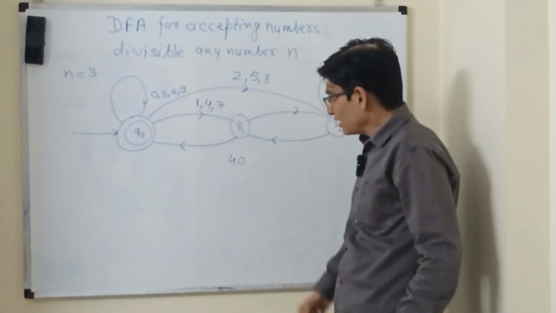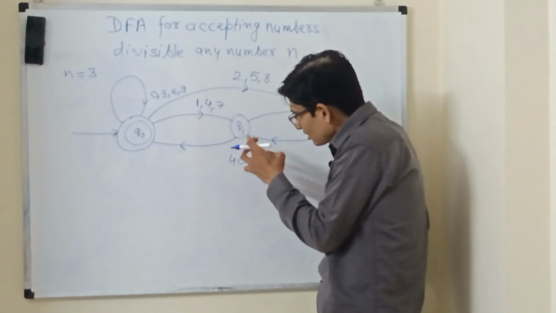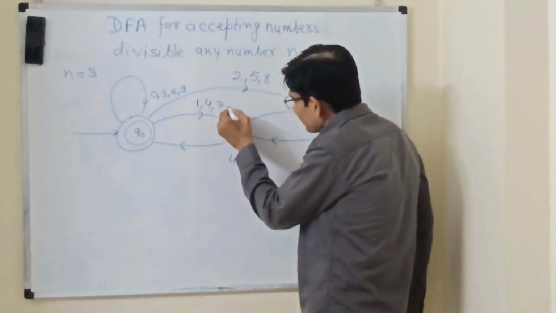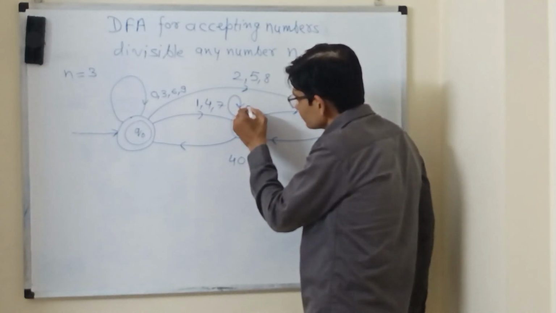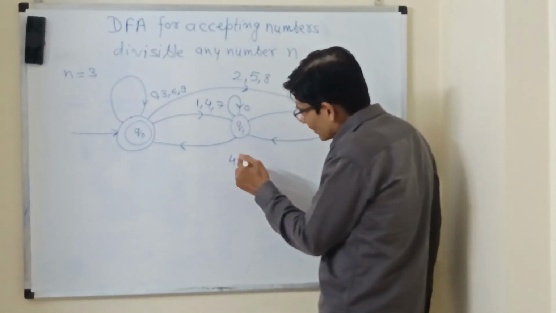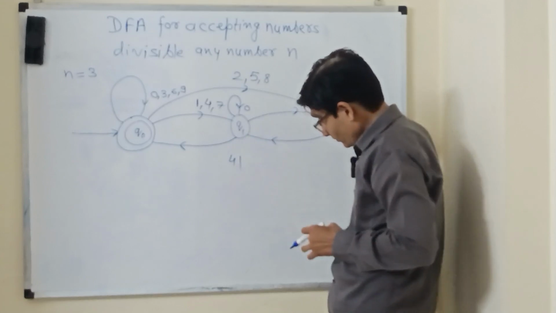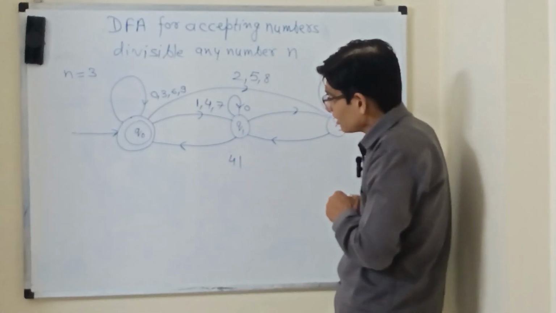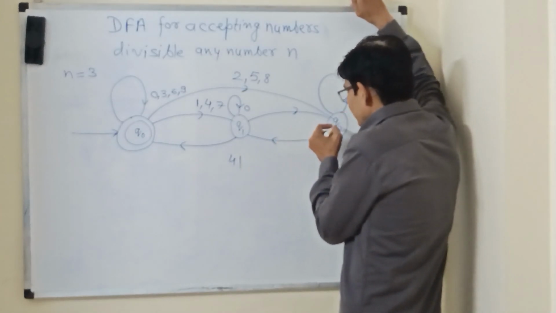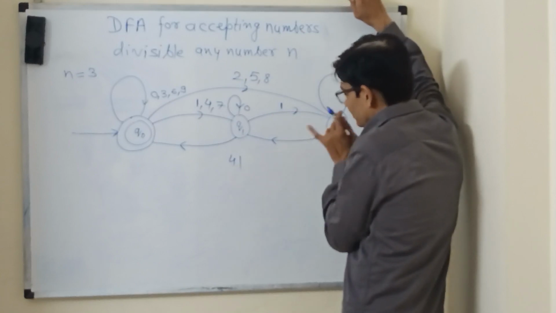It becomes 40, and on applying 0, we remain in the remainder 1 state. Now if we apply 1, it becomes 41, which gives remainder 2. So on applying 1, we reach Q2.